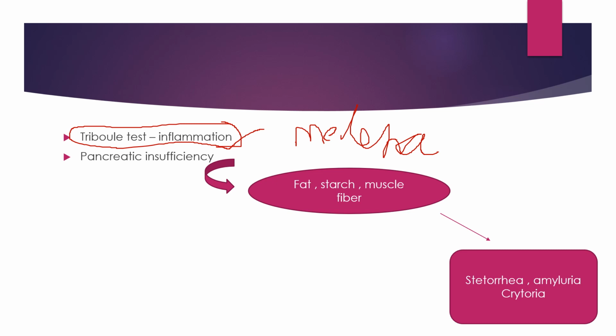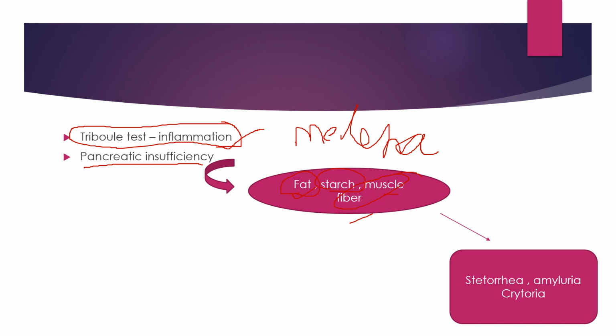But before that, I want to talk with you about pancreatic insufficiency. When can we say that a person is suffering from pancreatic insufficiency? When on the analysis we can see the presence of fat, the presence of starch, and the presence of muscle fibers, then we are talking about pancreatic insufficiency, because our pancreas is not able to produce enough enzymes to digest fat, starch and muscle fibers.